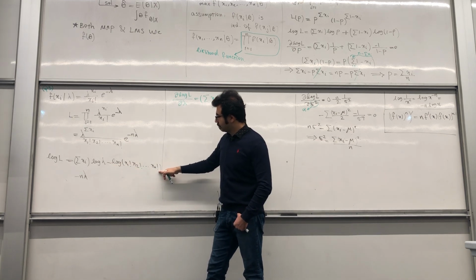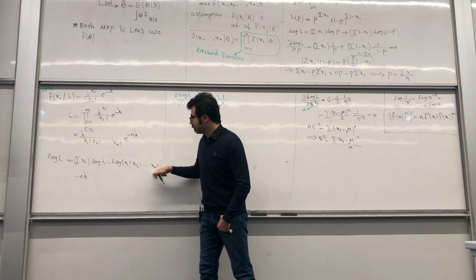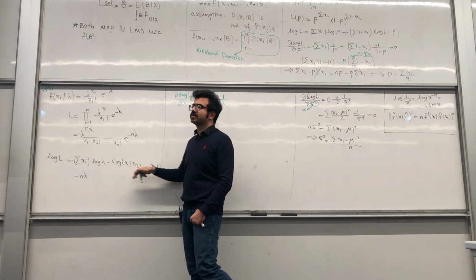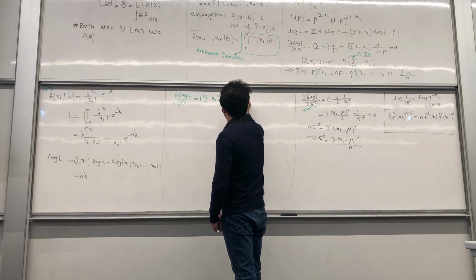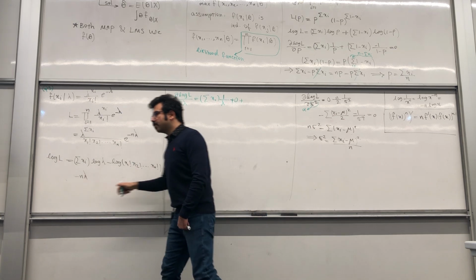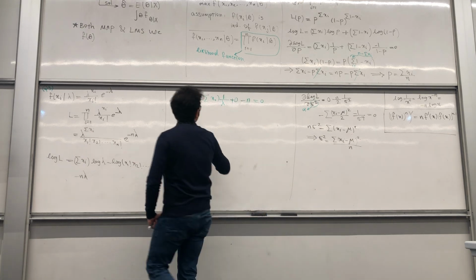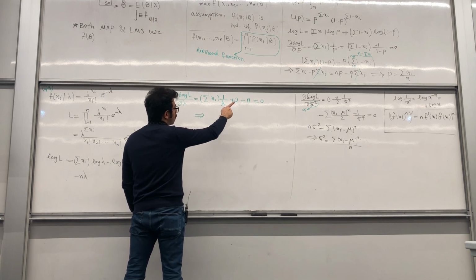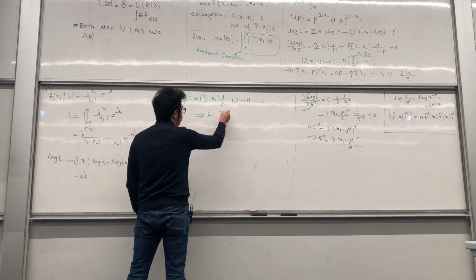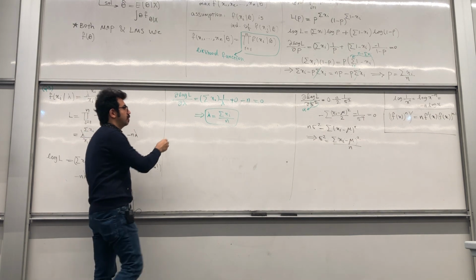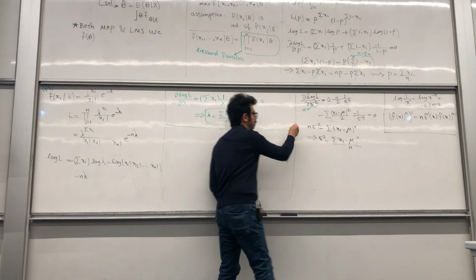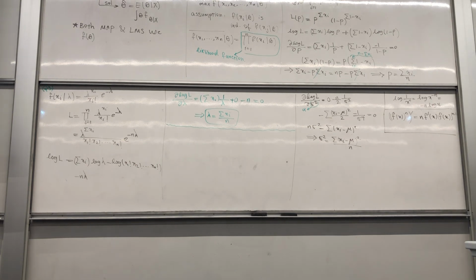This whole term, log of the multiplication of factorials, is constant with respect to lambda, so its derivative is 0. Plus the derivative of minus n lambda, which is minus n. Let's put it equal to 0. So it turns out lambda is equal to the summation of xi over n. I found the best estimation for parameter lambda, meaning that we just sum the observations and divide by the number of them to get the best value for lambda.